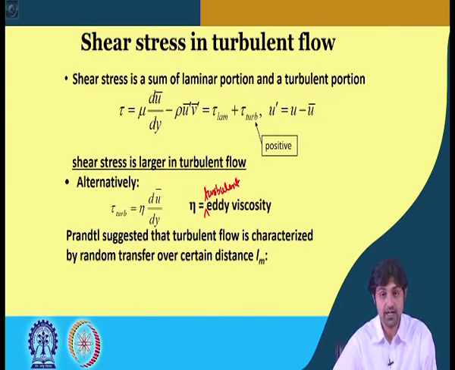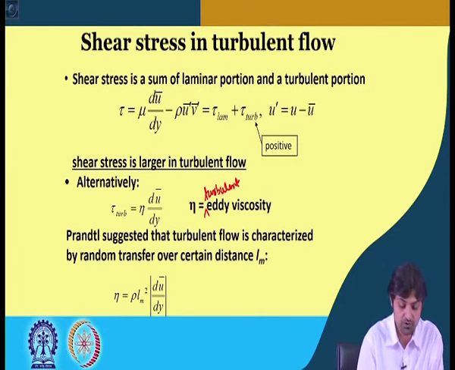There was a scientist called Prandtl. He suggested that turbulent flow is characterized by random transfer over a certain distance Lm, as we have already talked about in our laminar and turbulent flow module. So eta can be approximated as rho Lm square into du/dy, where u is the average velocity.